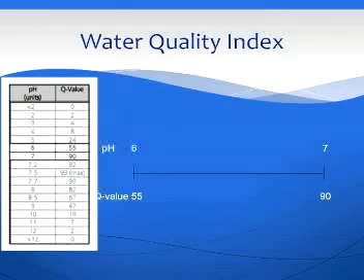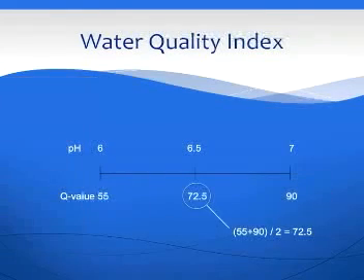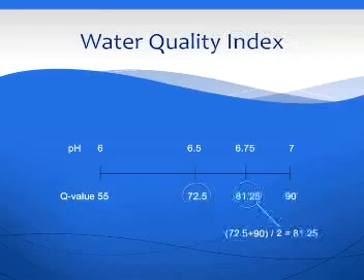As you can see, this pH of 6 to 7 correlates between a Q value of 55 to 90. So if we go halfway in between that at 6.5, we can go halfway in between 55 and 90 to get 72.5. So we want 6.7, which is just about halfway in between 6.5 and 7.